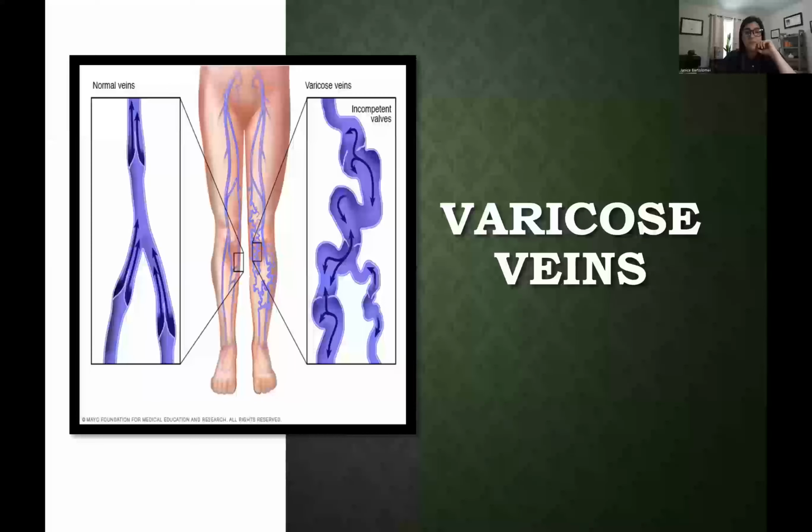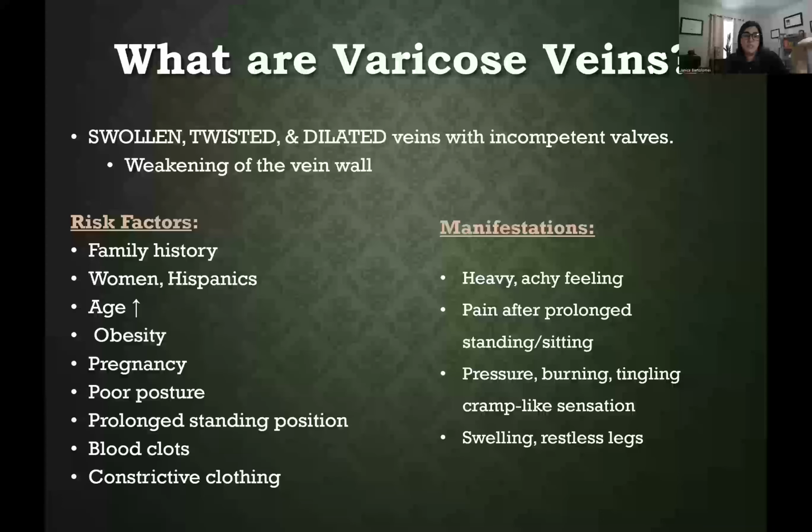All right, let's talk about varicose veins. Varicose veins are swollen, dilated, twisted veins that result from weakening of the vein wall, and they have incompetent valves as well. Everything starts pulling and they get so swollen that sometimes you can visibly see them on patients.